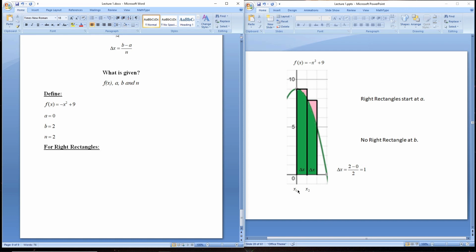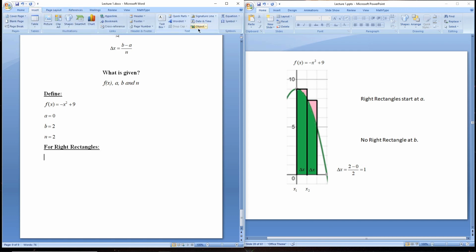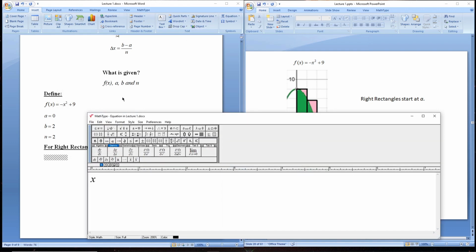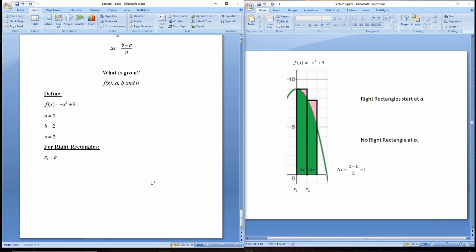If we look at x1, our first rectangle always starts at a. That tells us what x1 should be. That x1, our very first starting point, has to be a, because that's where our first rectangle is going to start. And so for right rectangles, x1 is always a. That's always our starting point.